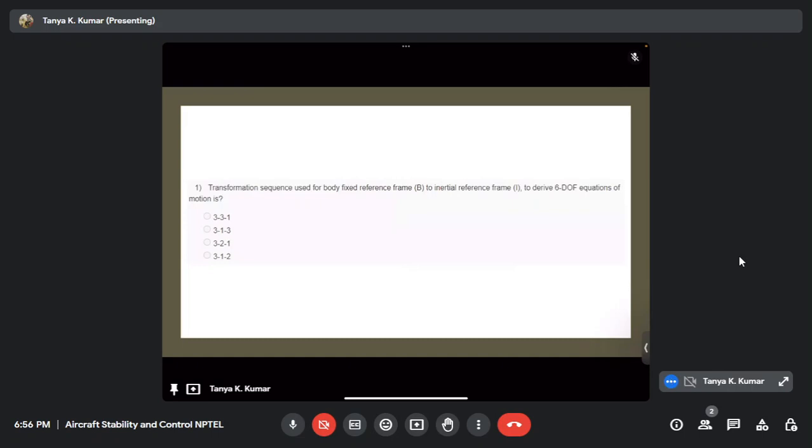So which is it? This is the conventional rotation sequence that we follow. Is it 321? Is it 312? Is it 313 or 331? It is 321. Okay, it's always in that sequence.